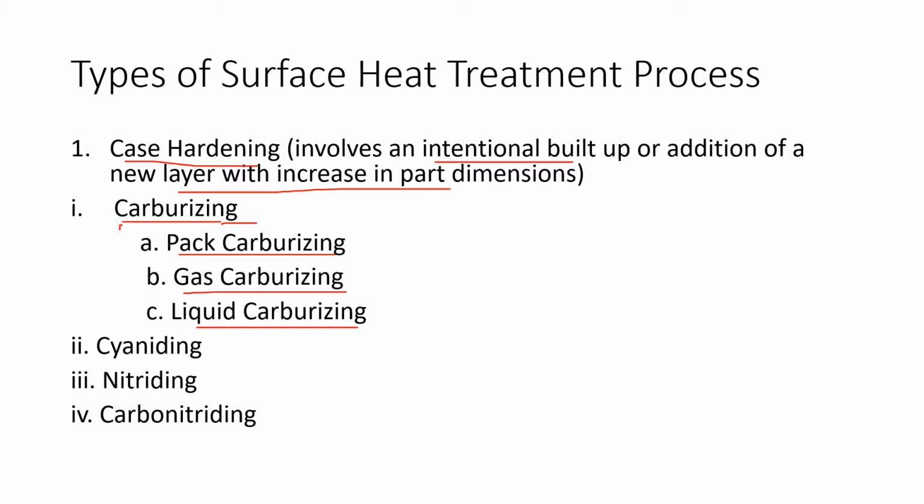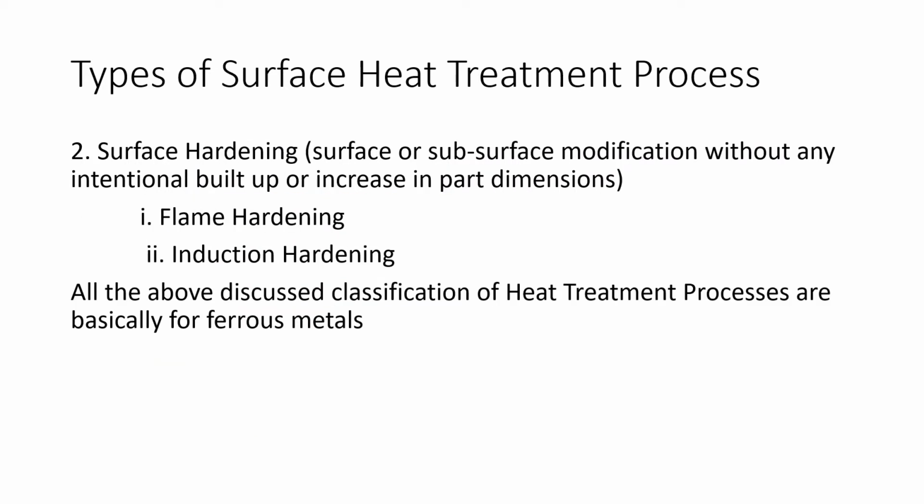The second type of case hardening is cyaniding, nitriding, carbonitriding. The second type of case hardening is surface hardening.